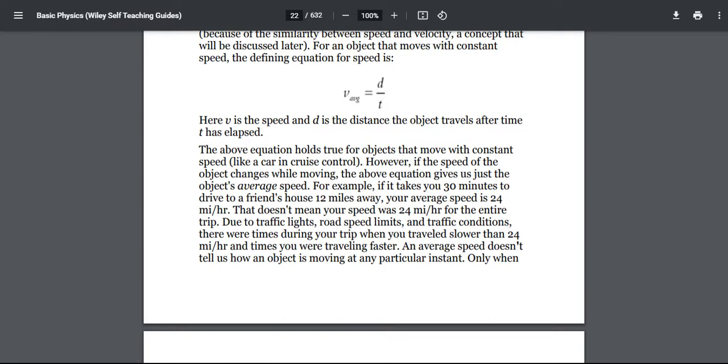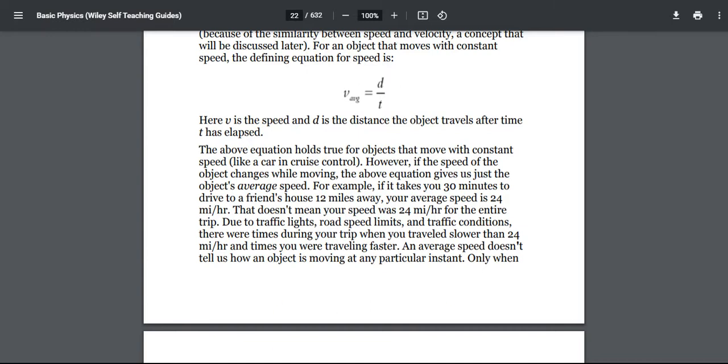That doesn't mean your speed was 24 miles per hour for the entire trip. Due to traffic lights, road speed limits and traffic conditions, there were times during your trip when you traveled slower than 24 miles per hour and times you were traveling faster.